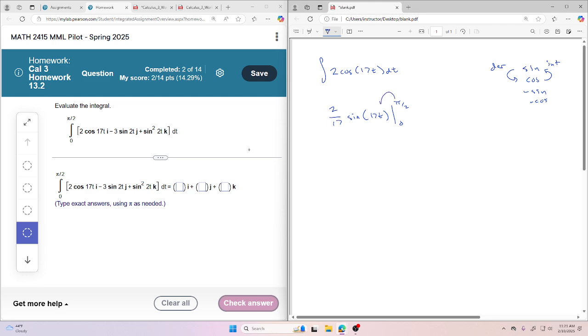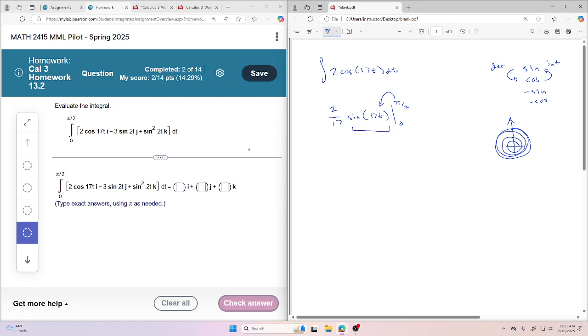So when I plug in the pi over 2, 17 of them. Well, here we go. So 4, right? 4 90s, 8 90s, 12 90s, 16 17. Okay, I know that's silly, but it works, doesn't it?